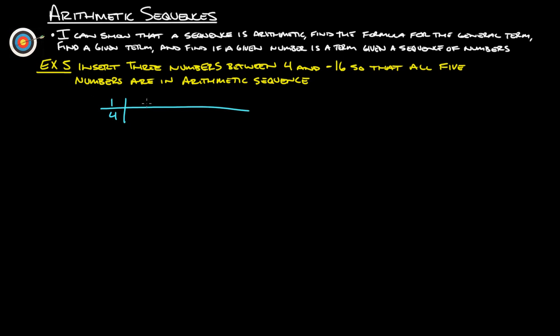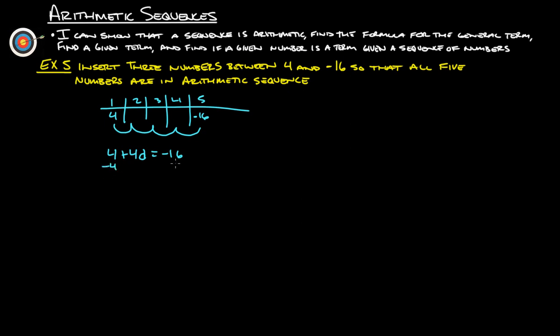Then we insert 3 numbers, so we've got a second term we don't know, a third term we don't know, a fourth term we don't know, but we do know that the fifth term is negative 16. Same idea: 4 plus 1, 2, 3, 4 differences should give us negative 16.